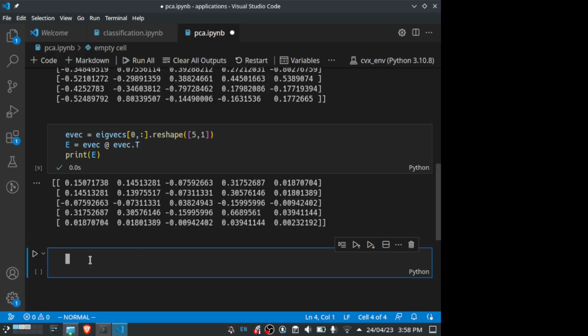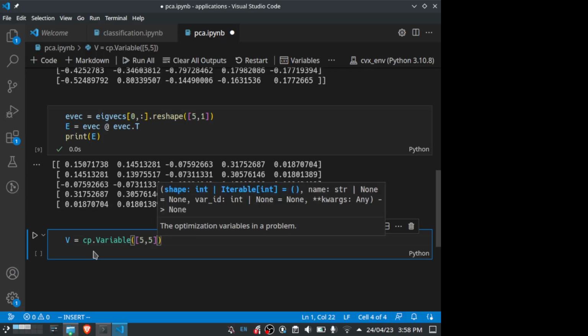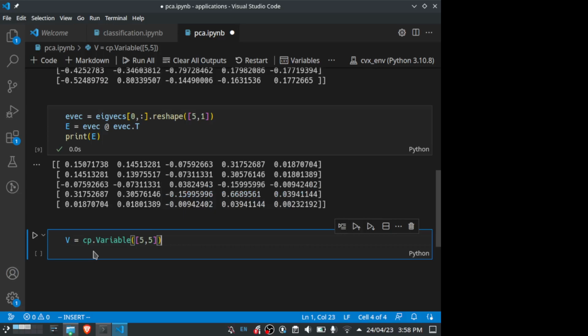Right? Now let me just try to solve the optimization problem that we have. So V, I define a variable which is a phi cross phi matrix. Okay, and what else?